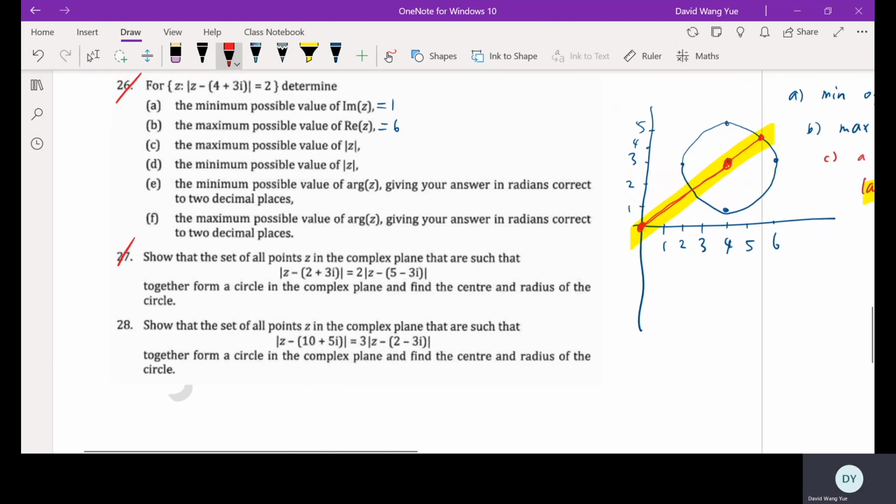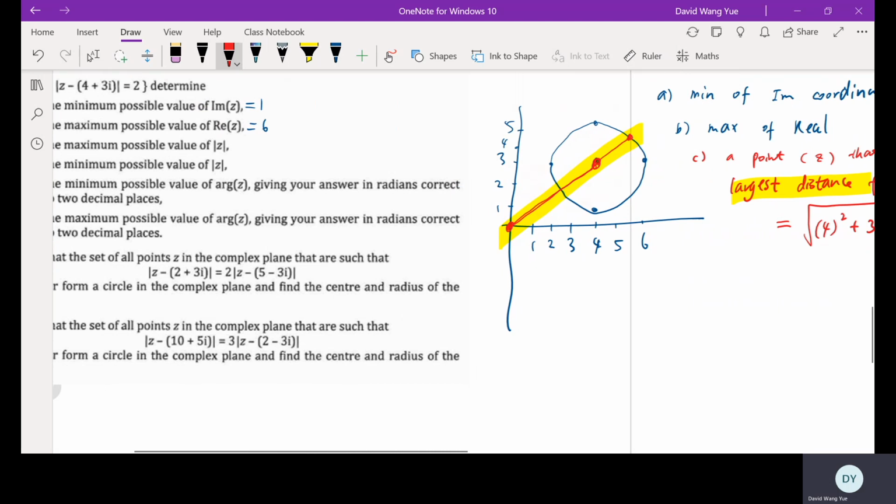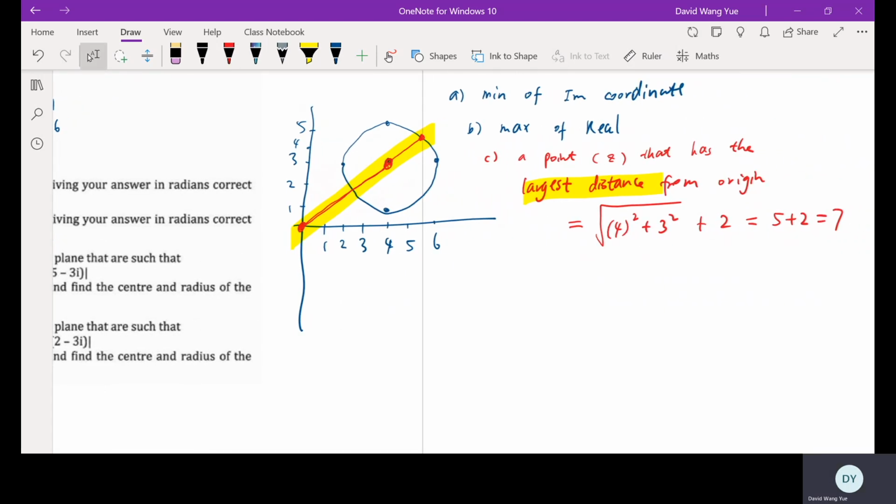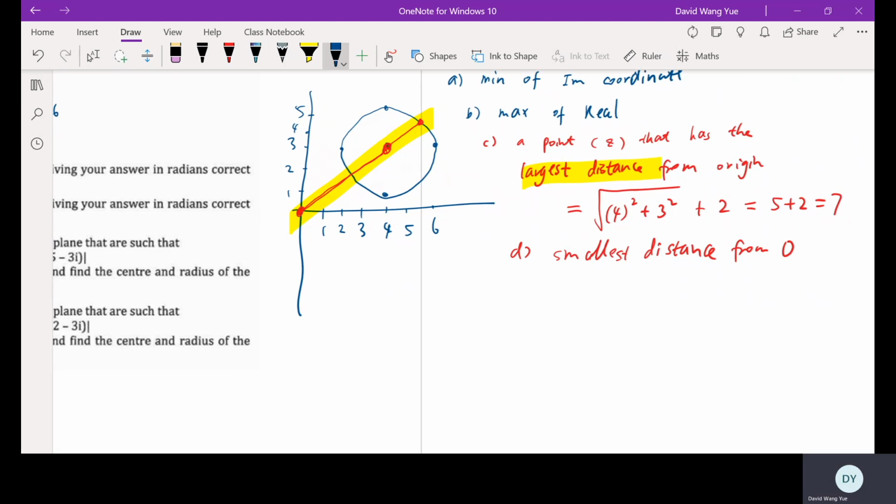Okay, part D, the minimum possible value for modulus Z. Now, if it's the minimum, it should be the one with the smallest distance from the origin, and that should be here.